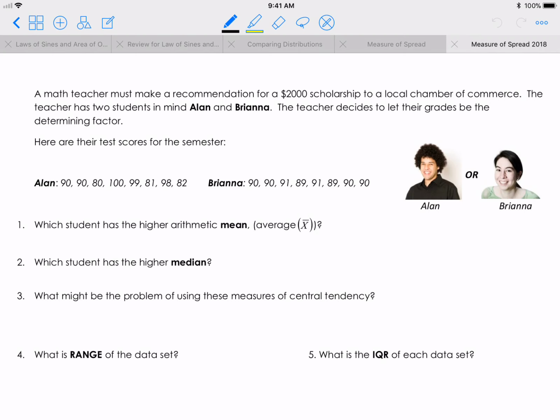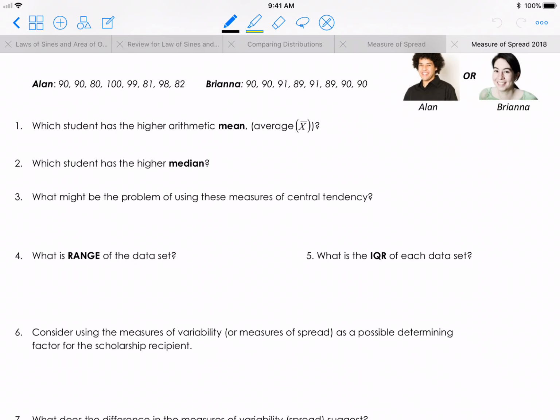Okay, so let's figure out which student has the higher mean here. What is the higher average? So I want everybody to pause. You can pause this, and I want you to go figure out the mean, the median, and then let's talk about how we would use the measures of central tendency.